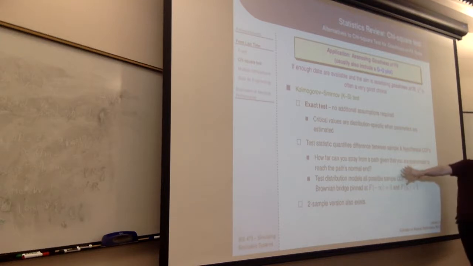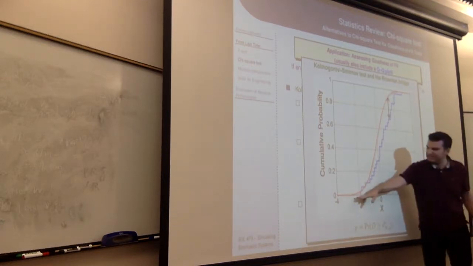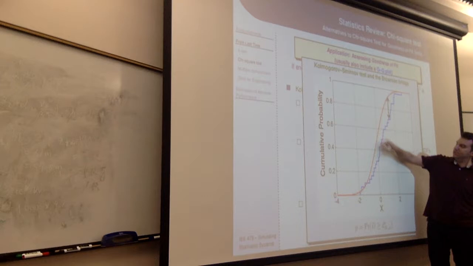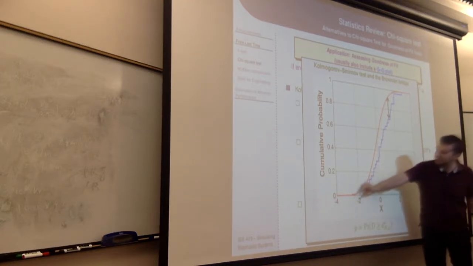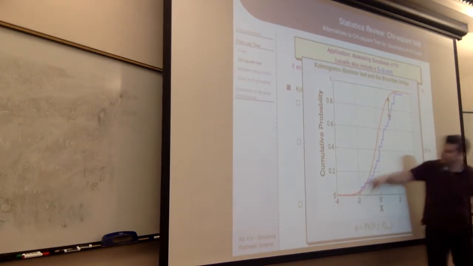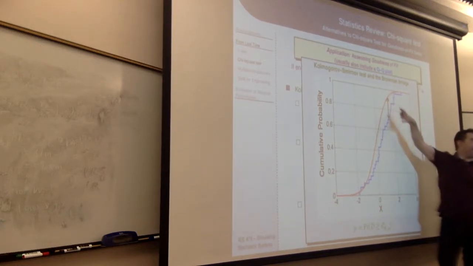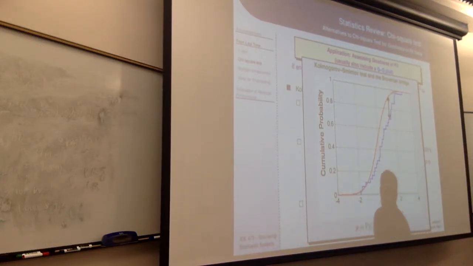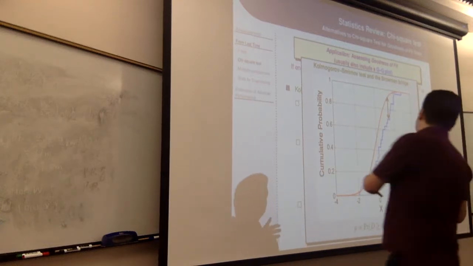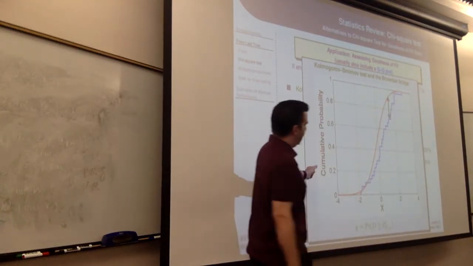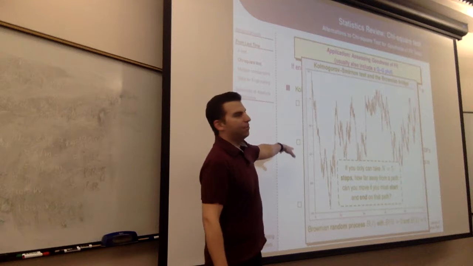And the way it works is it basically studies the difference, so its test statistic is the difference between an expected CDF and the sample CDF. And you say, well, how do you come up with a test statistic for that? And the idea comes from this mathematical construct called a Brownian Bridge.